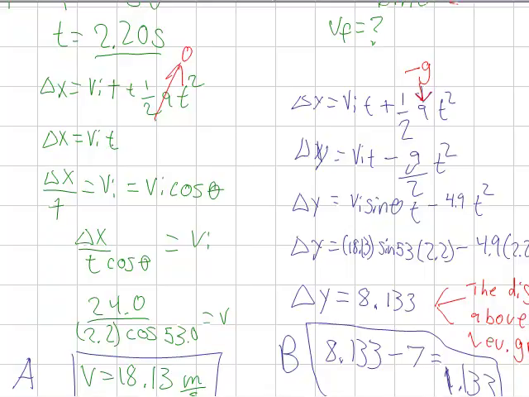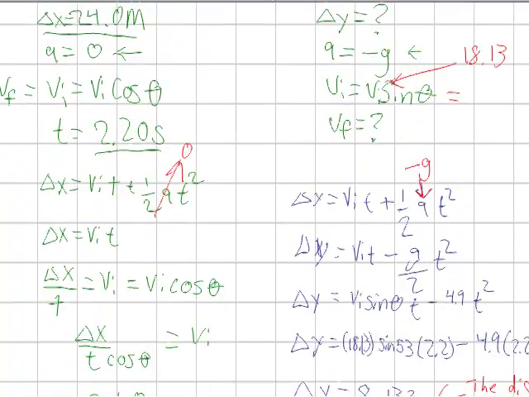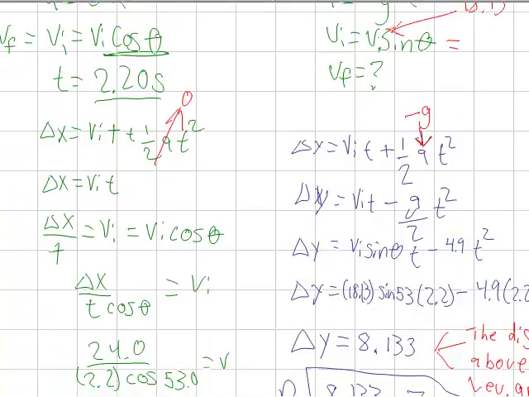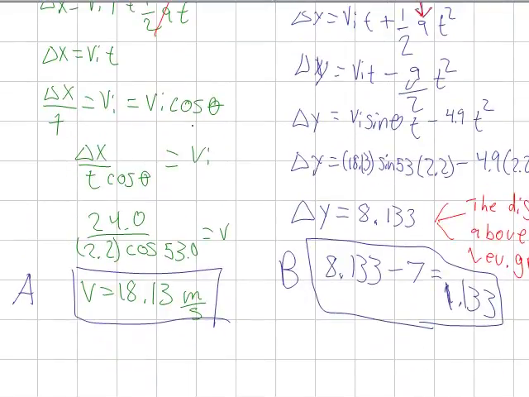Then we solve for velocity initial, which is delta x over time, but our velocity initial in x is velocity times cosine of theta. So we plug that in and divide by cosine of theta as well. Once we plug in the variables, it gives us the velocity at which it was launched, which would be 18.13 meters per second.